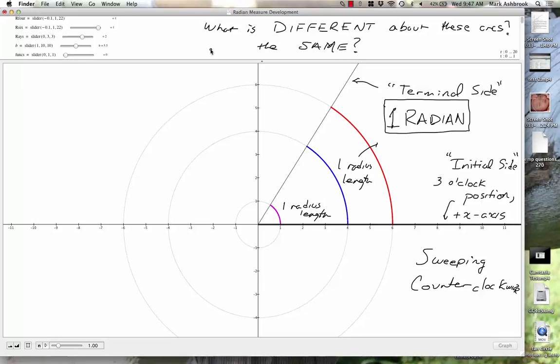So now I'm going to show you. If we go further, now I'm showing you 2 radius lengths on all the circles. So what's the measure of that angle in radians? 2 radians is the angle whose rays cut off 2 radius lengths.